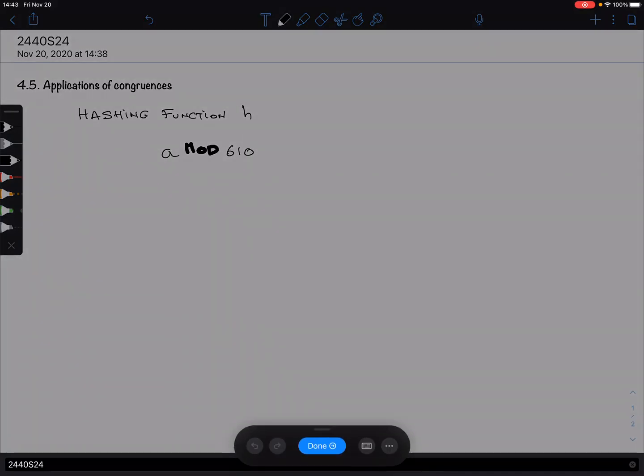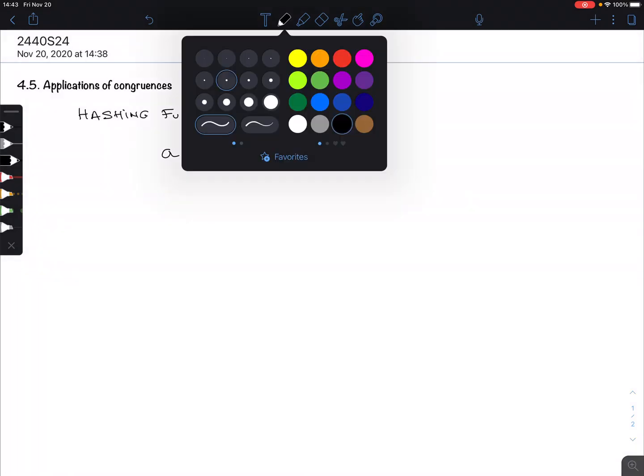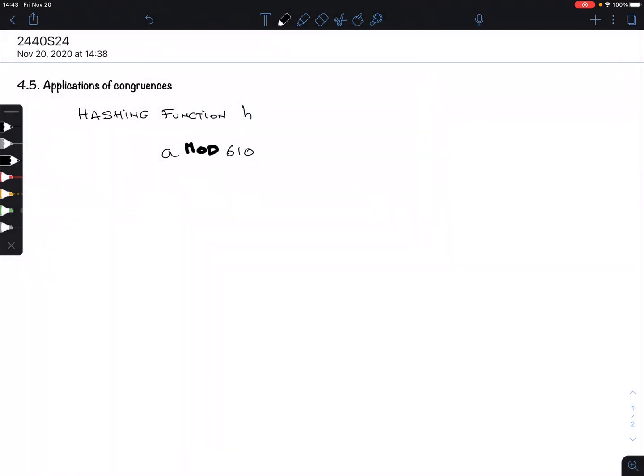So for instance, if the telephone number is, let's say, 212.456.7890, why not, right? So what we have to do is calculate this modulo 610. Okay, let's just, for the heck of it, do this.